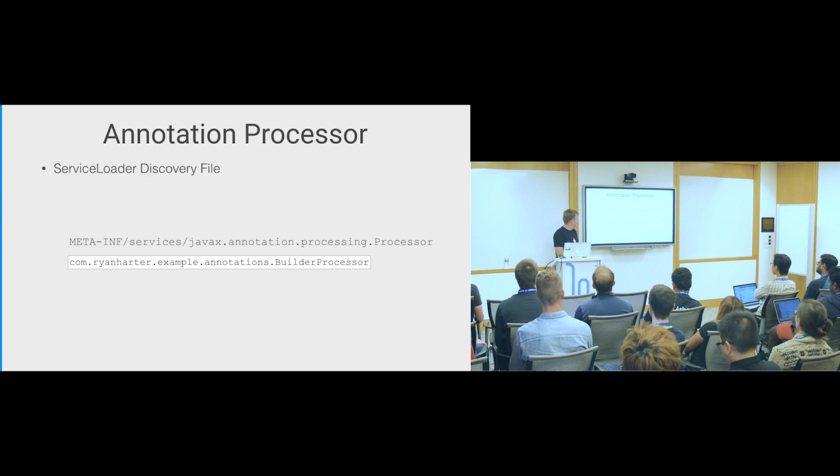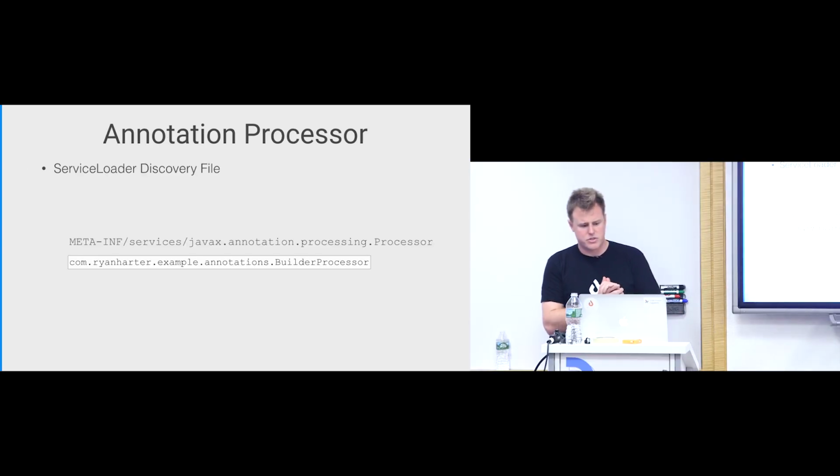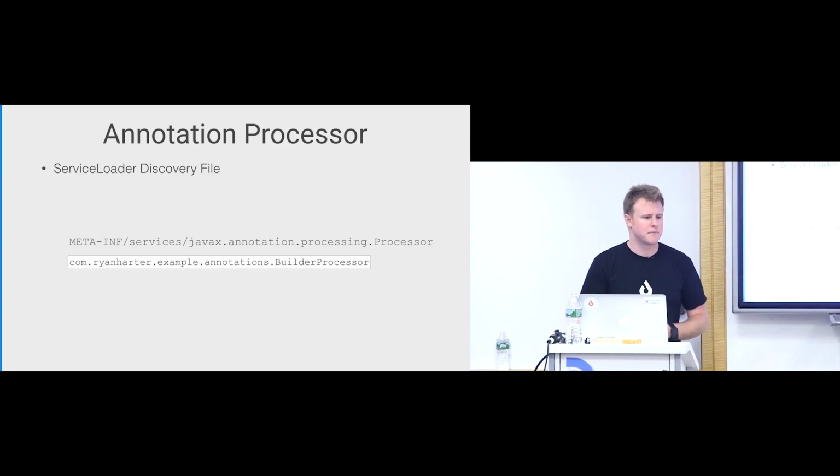The next piece we move into is this service loader discovery file. Service loader is an API introduced, I believe, in Java 1.5, and this is how you do extensions or plugins, that kind of thing.